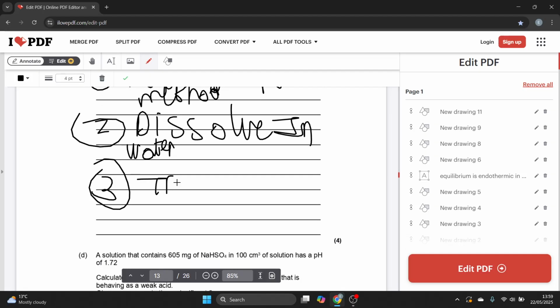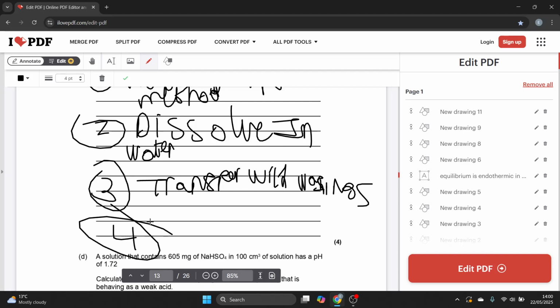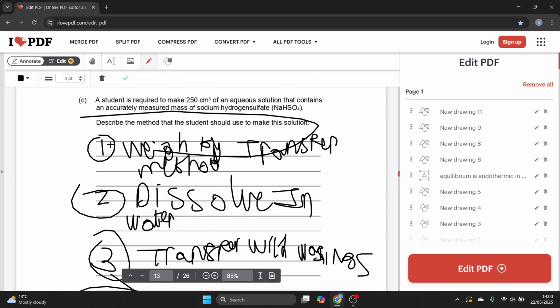You transfer with washing, and then you make up to the mark, and then you get the rest of the points. Now, with these kind of practicals, just memorize the full practical. So anytime you get a question like this, you just copy and paste it. You just write down the whole of the practical. You're going to get the full marks anyway.